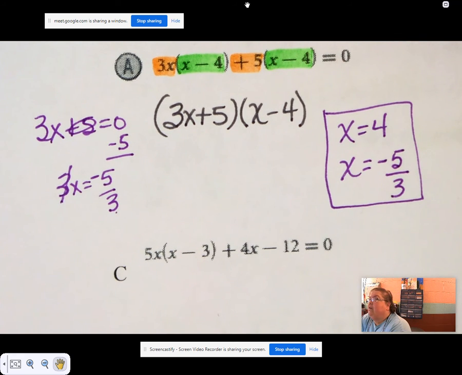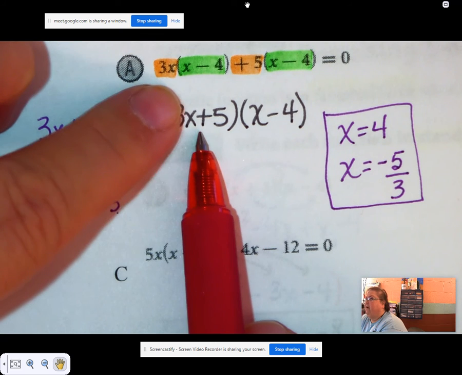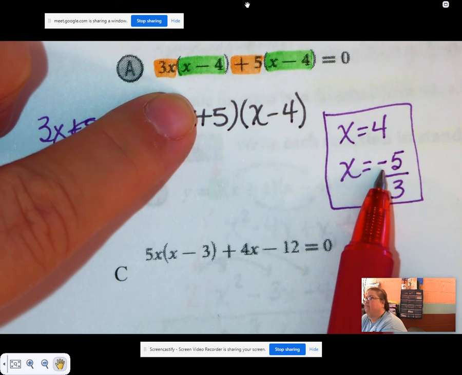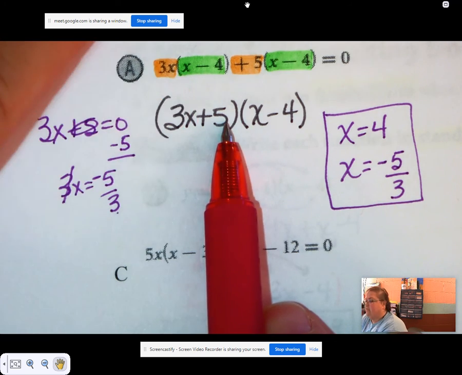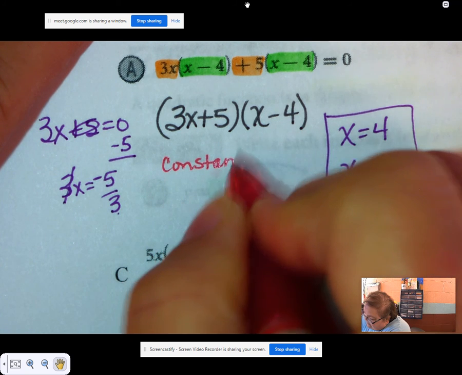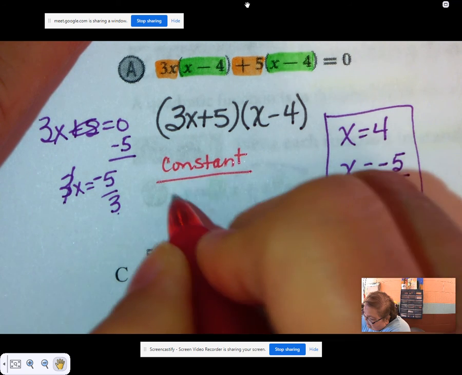Now, do you want the shortcut? Yes or no? You sure? This is positive, right? So my answer has to be negative. Still have to have opposite signs. Watch this. Constant over coefficient.